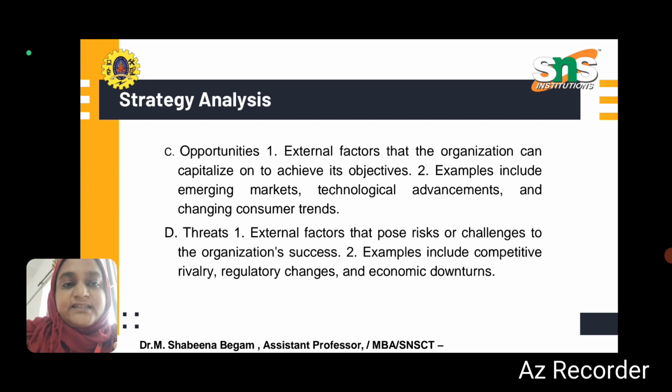Then what is the threat? External factors that pose risk or challenges to the organization's success. What are the external factors? For example, it could include rivalry, regulatory changes and economic downturns.